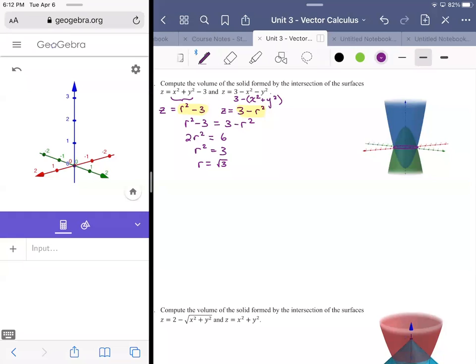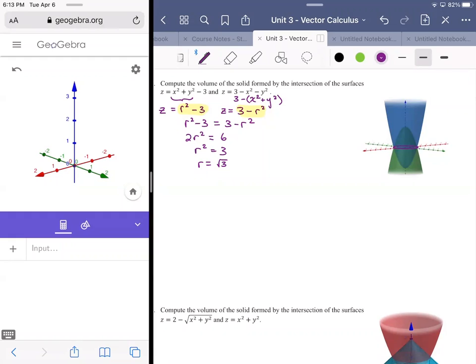So if you negate z, you're making a reflection through the XY plane. It's kind of like if you negate y, you're making a reflection over the x-axis in two-dimensional rectangular coordinates. Here, if you negate z, you're making a reflection through the XY plane.